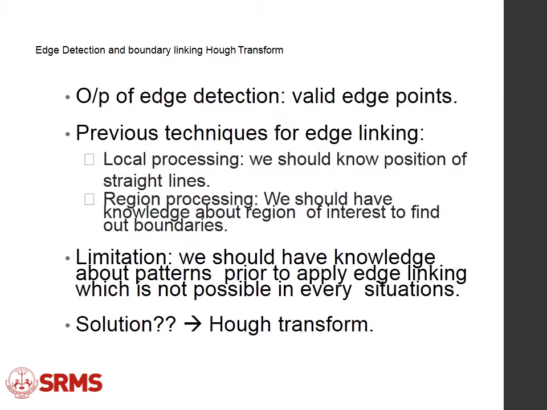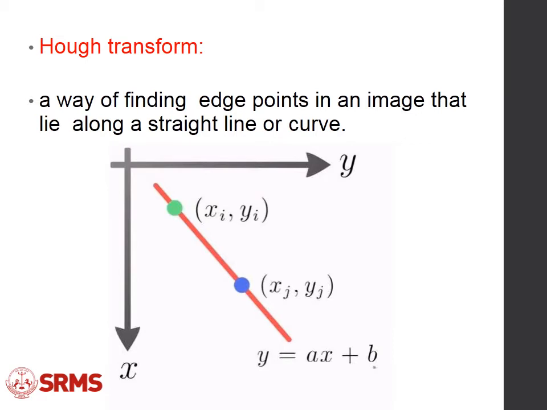So the solution for such a problem is the Hough transform, a way of finding edge points in an image that lie along a straight line or curve. (xi, yi) and (xj, yj) are depicted by the green and blue points respectively. Now we have drawn a line, which can be depicted by the straight line equation y = ax + b.